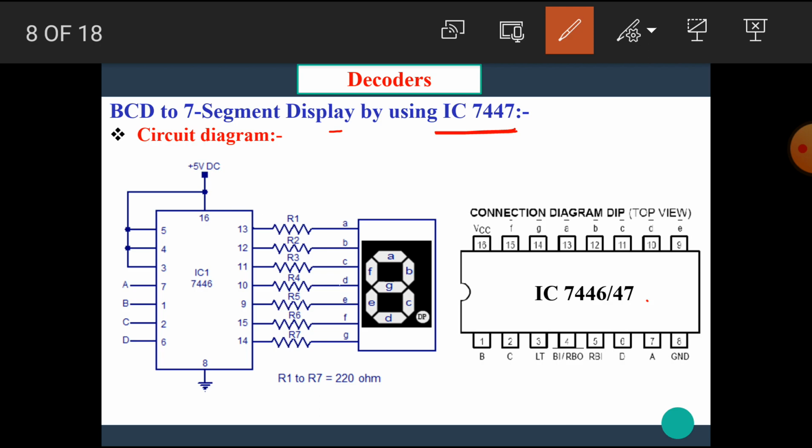Here the IC 7446 or 47 layout is shown, in which we can see that it is a 16 pin IC, pin number 1 to 8 and from 9 to 16.